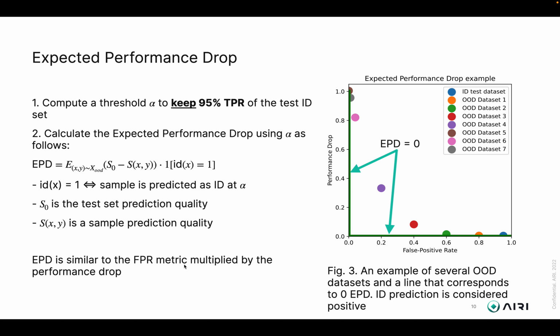Therefore, a zero EPD, or expected performance drop, can be produced by either rejecting all out-of-distribution samples or giving correct predictions, as can be observed from the image on the right. The green line represents the area where the expected performance drop is 0.